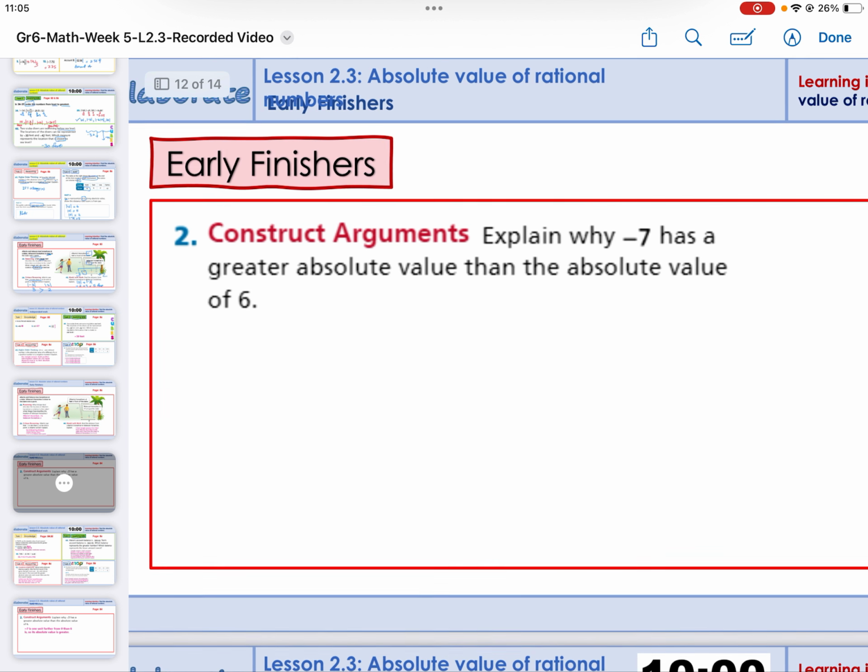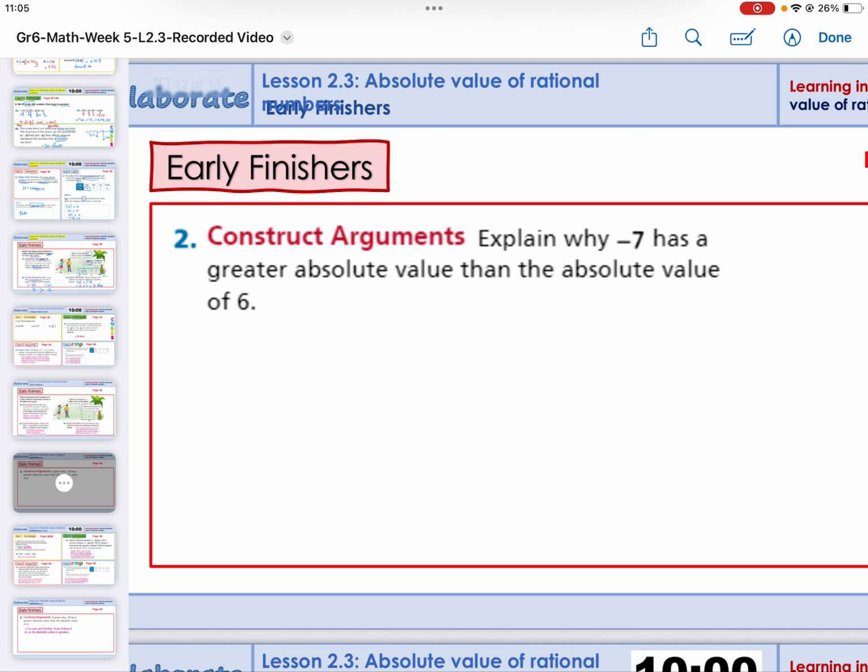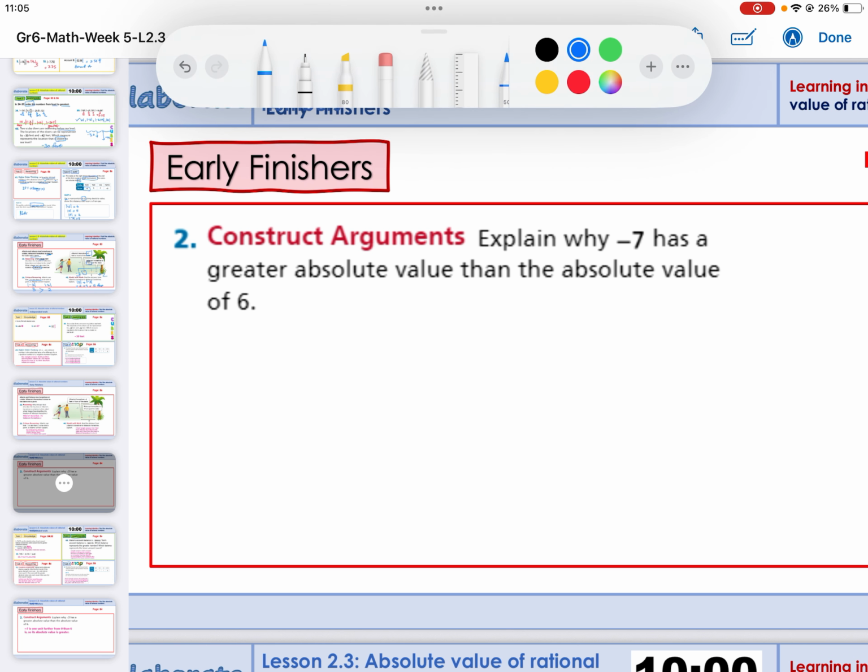Now here they're telling you, explain why negative 7 has a greater absolute value than the absolute value of 6. Why? Because when you take the absolute value of negative 7 and the absolute value of 6, that will be 7 and that will be 6.